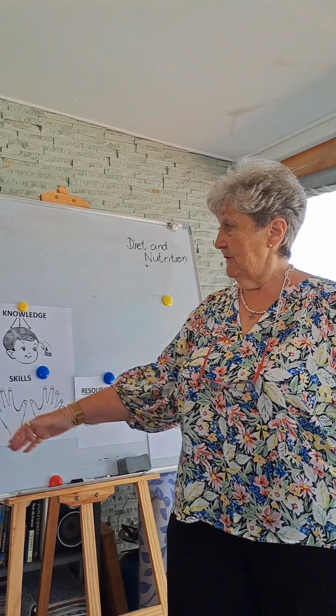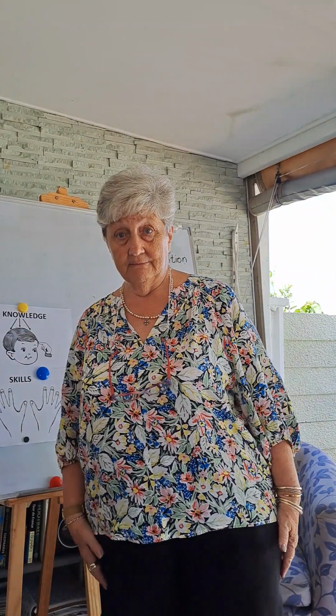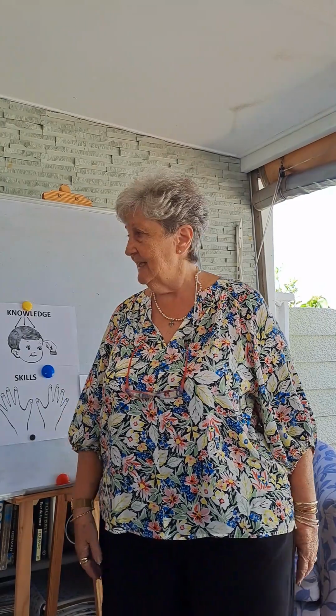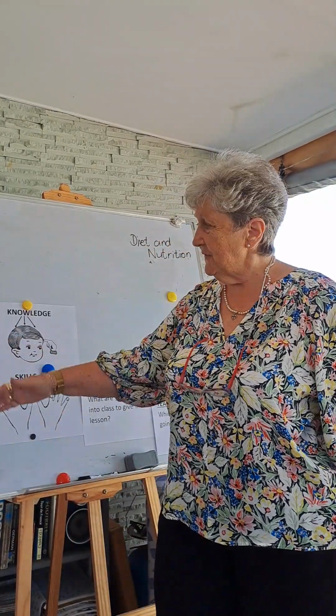Well, I want them to know what diet is. Because most people think a diet is when you don't eat food and you get nice and thin. That's not diet. To go on a diet, yes, but the word diet doesn't mean to go and have no food. It's what you eat. That's your diet. And nutrition, I want them to know the meaning of those two words.